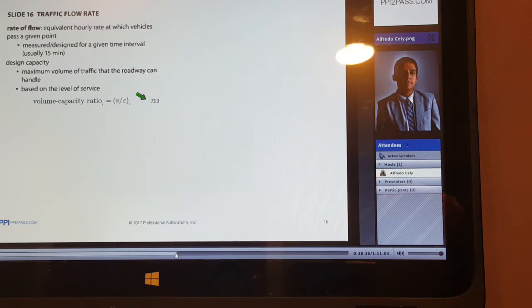That is the ideal capacity for a freeway. A volume to capacity ratio of 1 indicates that the facility is at capacity. Another key foundational core concept when it comes to traffic flow design.